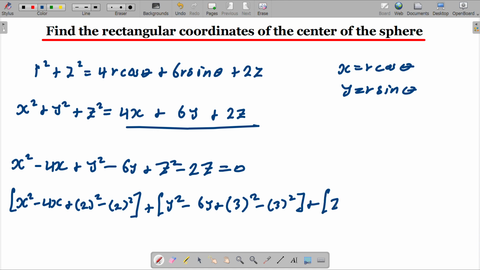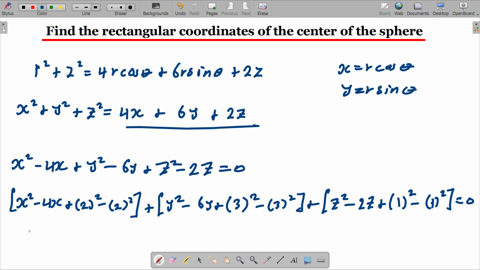That's z squared minus 2z, plus minus 2 multiplied by minus half, that's positive 1, squared, minus 1 squared. We close, and this is equal to 0.